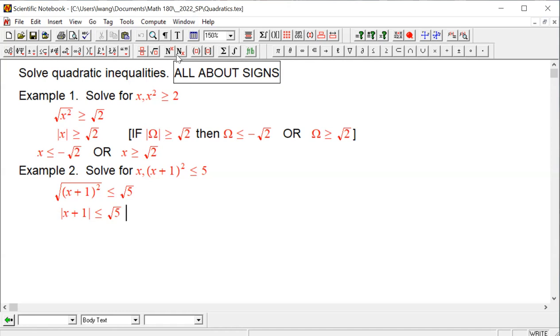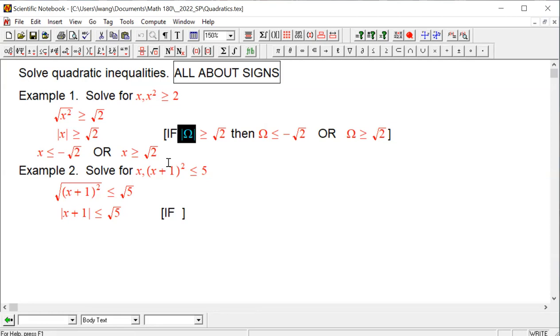Then we have the other model for solving absolute value inequalities, and we can just use that. If the absolute value of omega is less than or equal to, in this case, the square root of 5, then omega is between negative square root of 5 and square root of 5, each with less than or equal to.